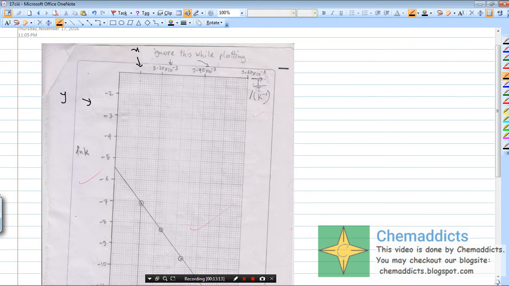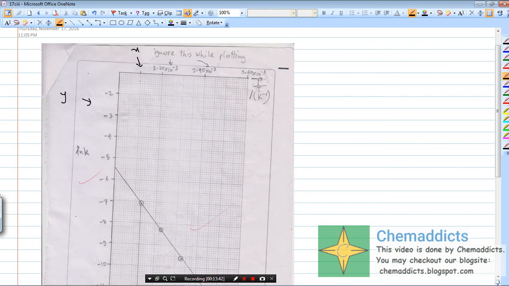In this case the x-axis is 1 by t and the unit is per Kelvin, which is K to the power minus 1. On the y-axis this is ln k, and this shouldn't have any unit.